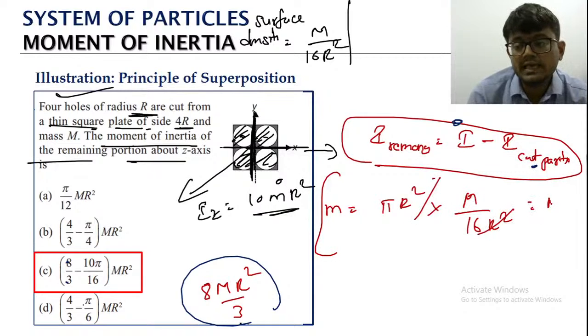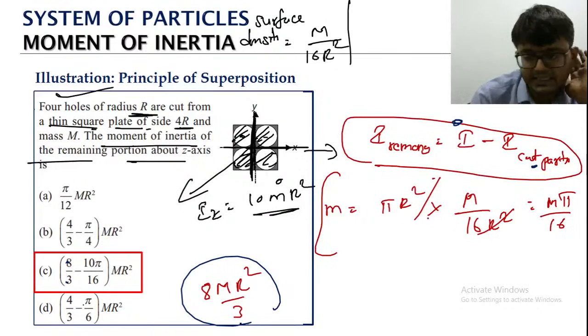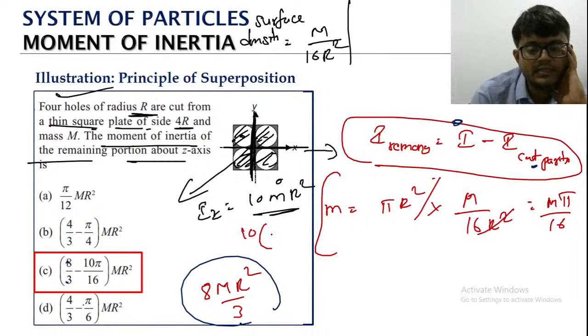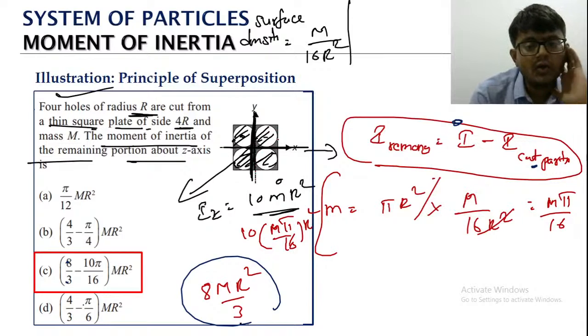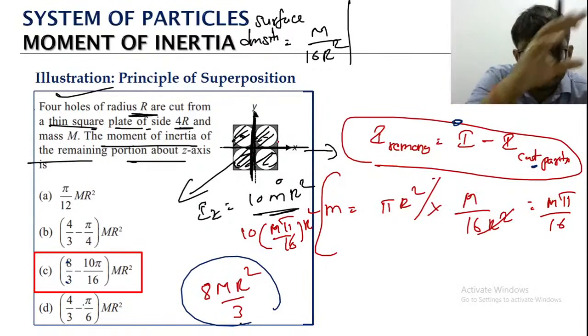So small m is capital M pi by 16. Just substitute: in place of small m, we get 10 times capital M pi by 16 into r square. This is the moment of inertia of the 4 circular holes which are removed.